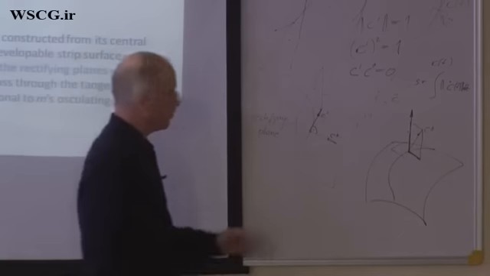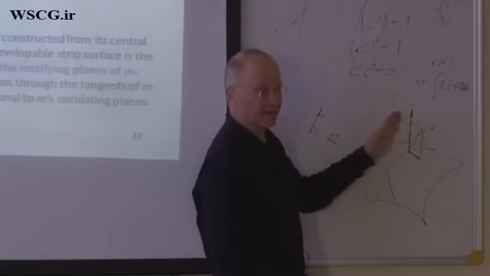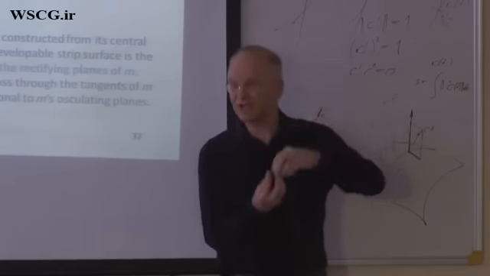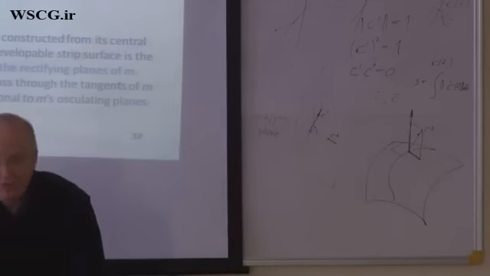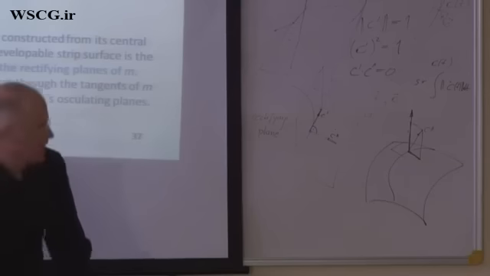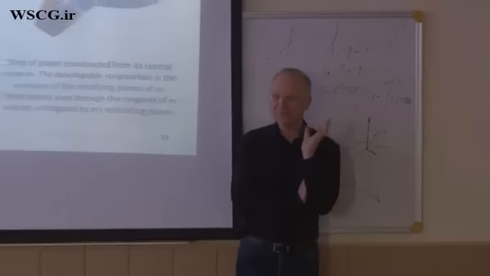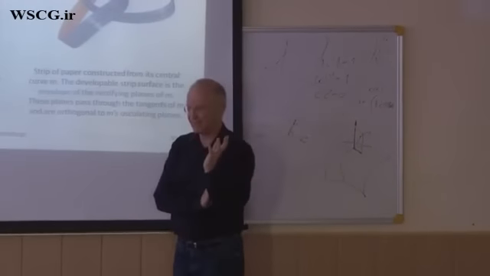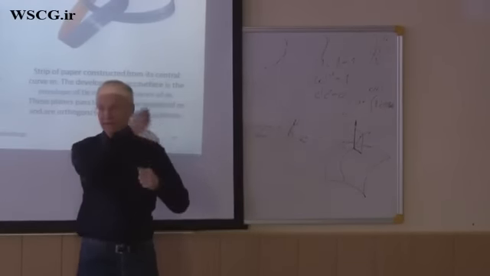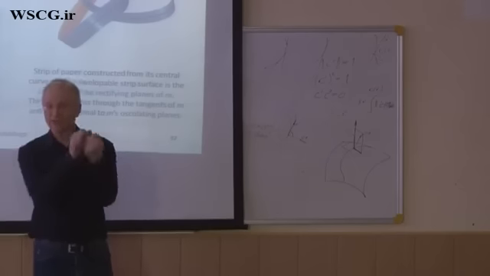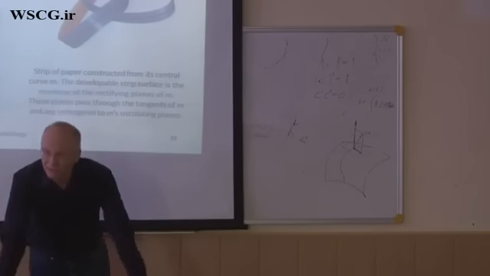So, now, if our vector c double prime is the normal vector, it has only a normal component, and the geodesic component is 0. This geodesic curvature of the curve has an interesting property, namely, if I have a developable surface and I take a curve, then the geodesic curvature will be preserved when I develop into the plane.